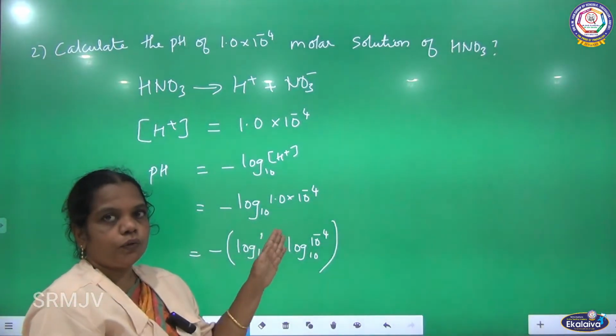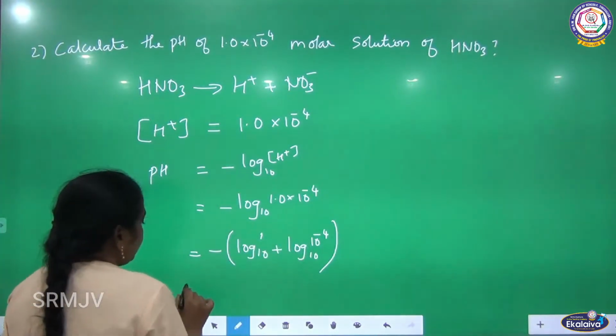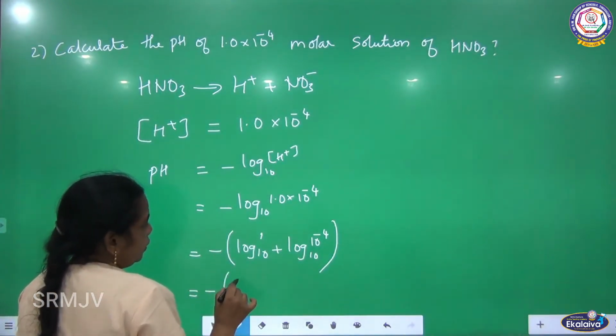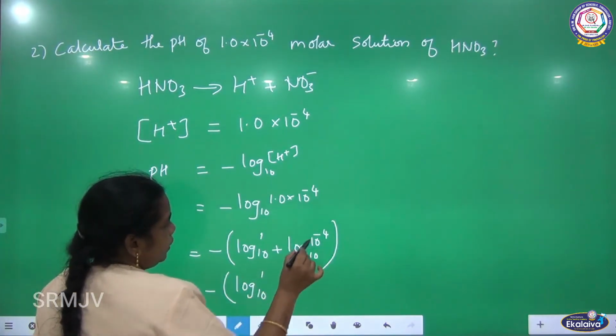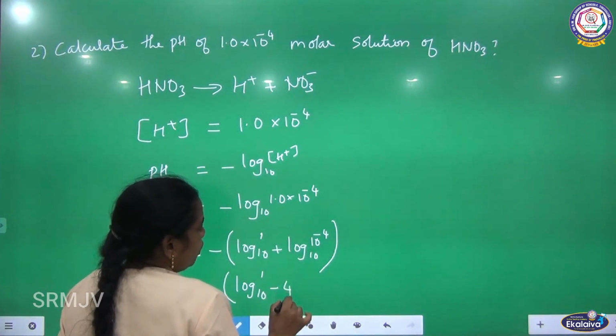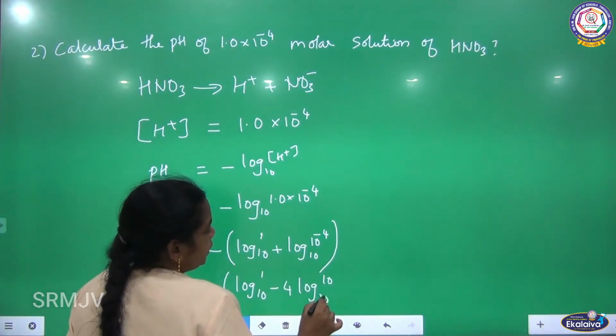Understand the product rule. And next the power should come as a product. Next step, you have to change the power, you take minus outside, log 1 to the base 10. If you bring this side plus into minus, minus 4 log 10 to the base 10.